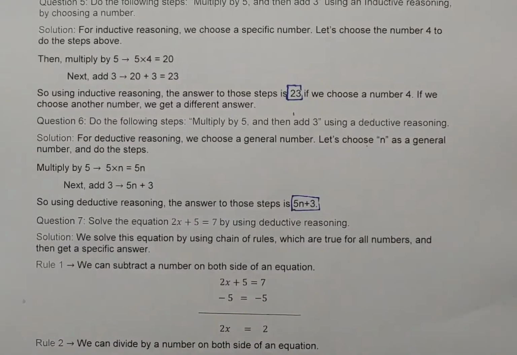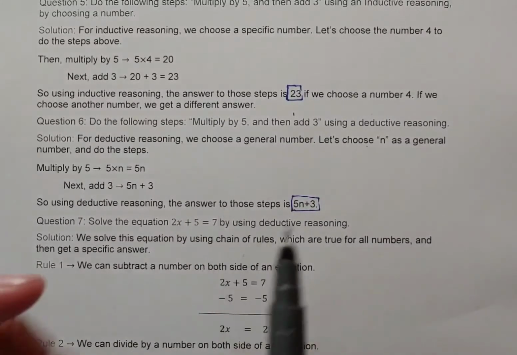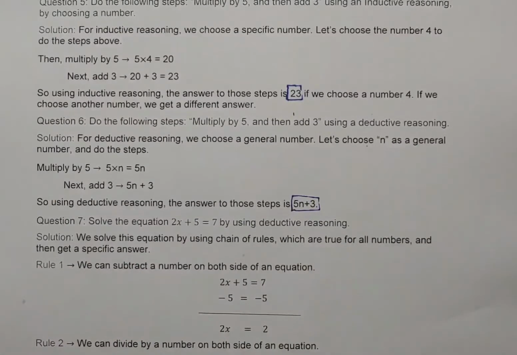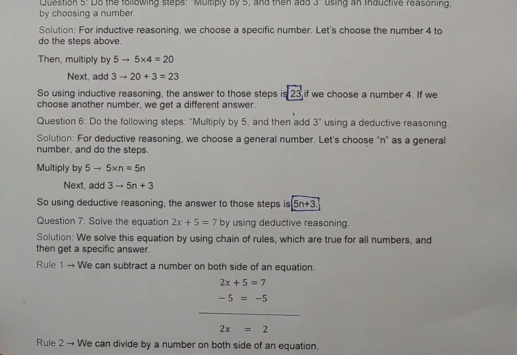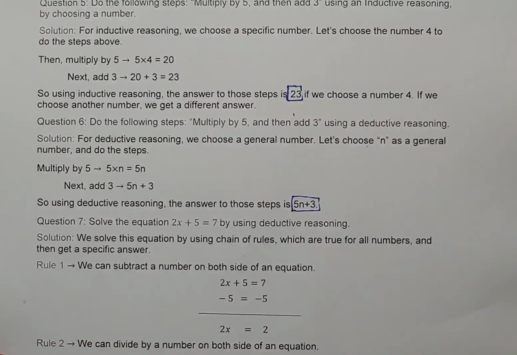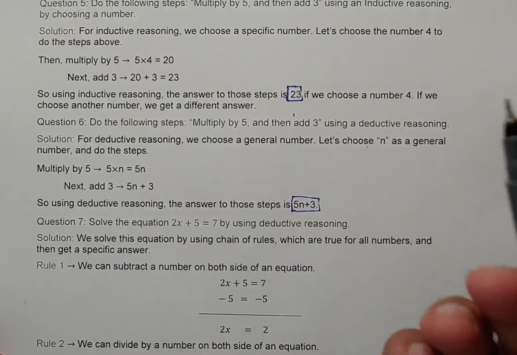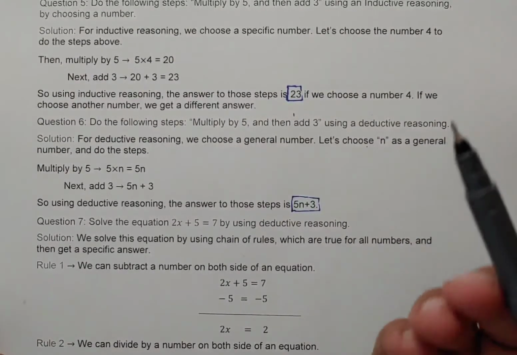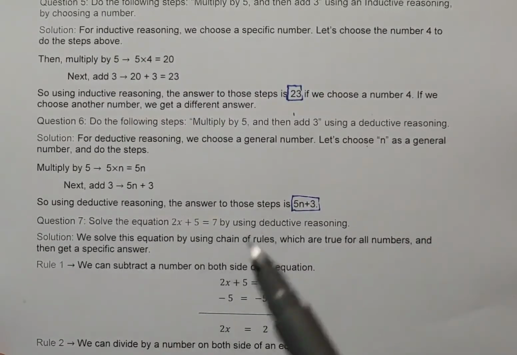In deductive reasoning, we use the rules which are already proved, and using those rules, we get into a specific answer. So using rules is using a general trend, a general premise, which was already proved, right? So using that, you prove something new and get a specific answer.